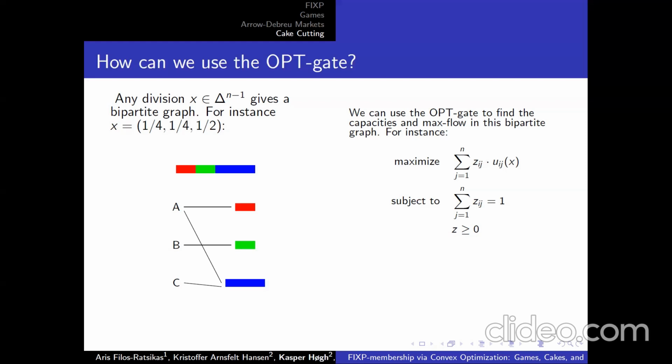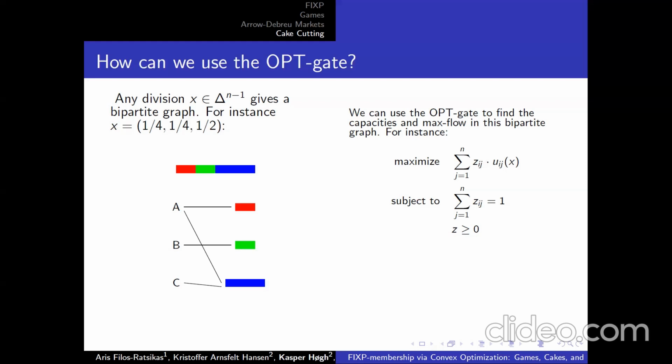And we can ensure this by solving the following maximization problem, where we maximize the sum of z_ij times u_ij(x), subject to the constraint that the sum should be 1 and z should always be non-negative. And then the only z_ij's that will be positive are the ones for which u_ij is maximal.